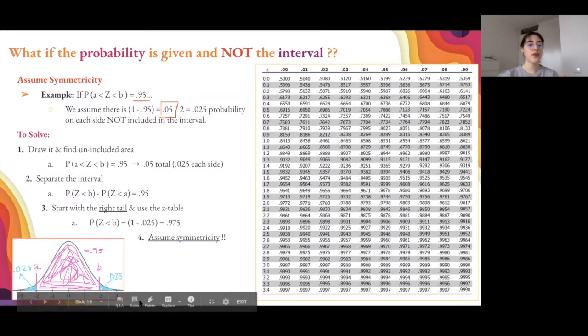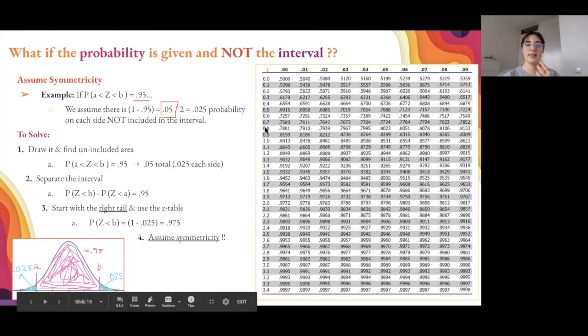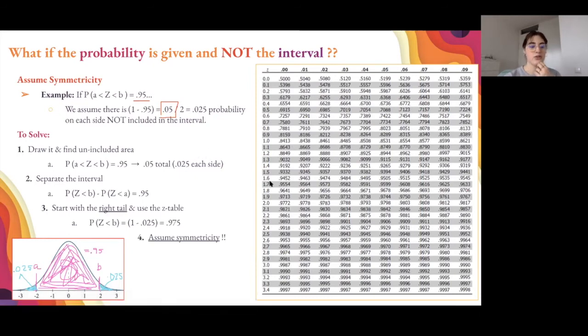When we try to find the probability that Z is less than B, we know it's equal to 0.975. The reason why we know that is, I'm going to draw another curve right here. As always, we have the mean, and then A is over here and B is over here.